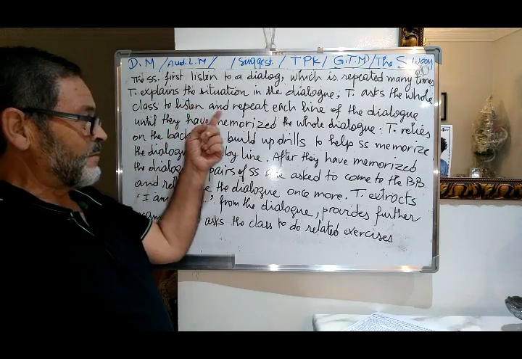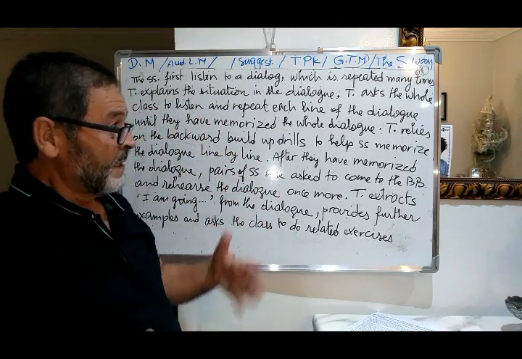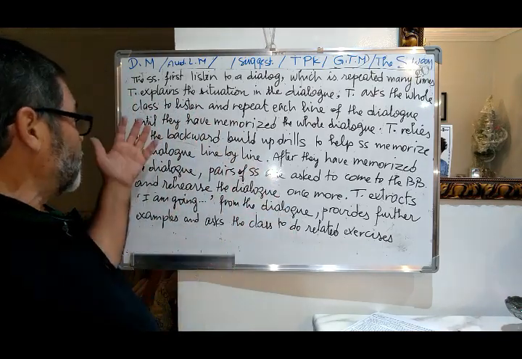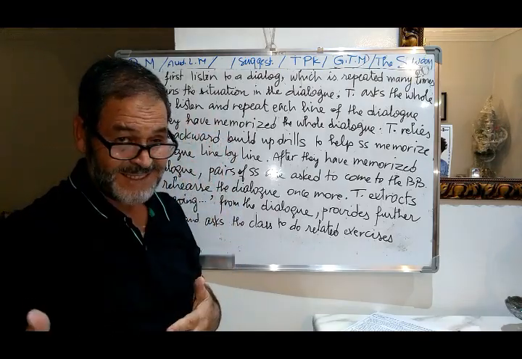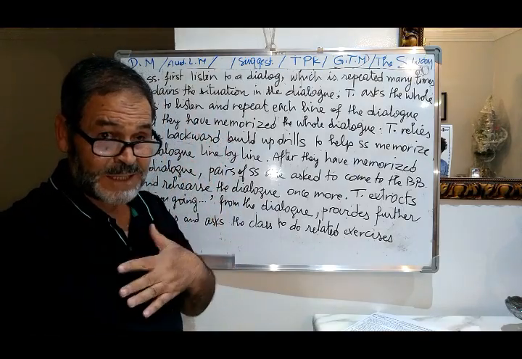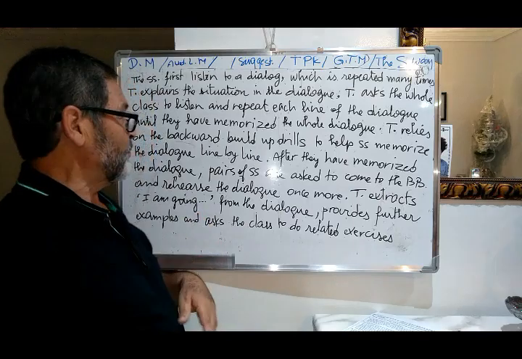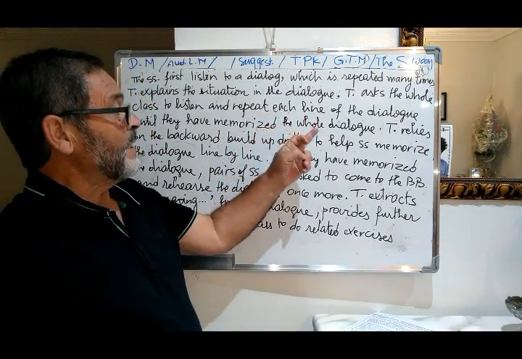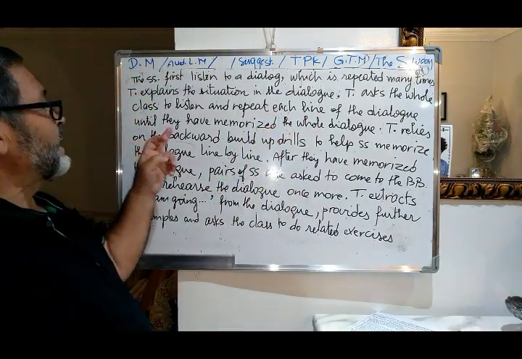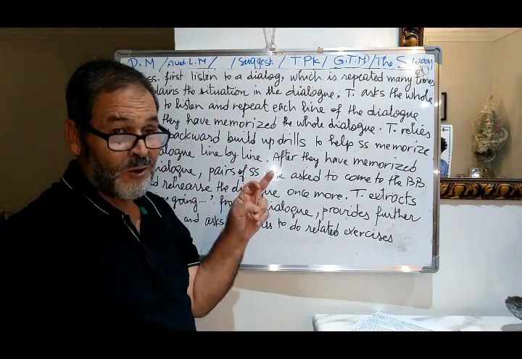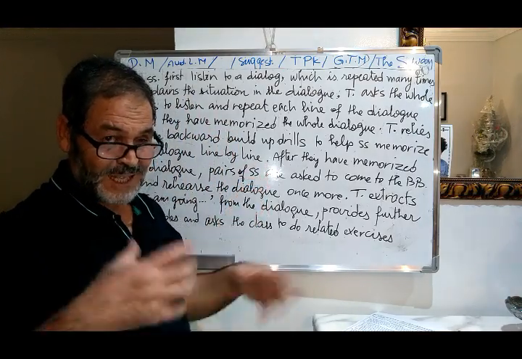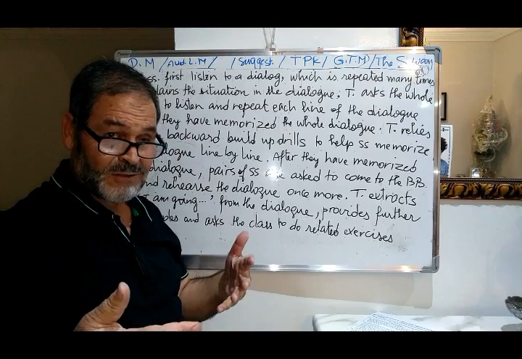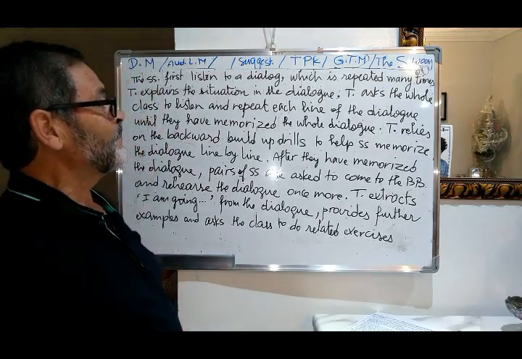The teacher explains the situation in the dialogue and asks the whole class to listen and repeat. So listening and repeating is another clue. Each line of the dialogue until they have memorized the whole dialogue. So dialogue, repetition, and memorization of the dialogue.